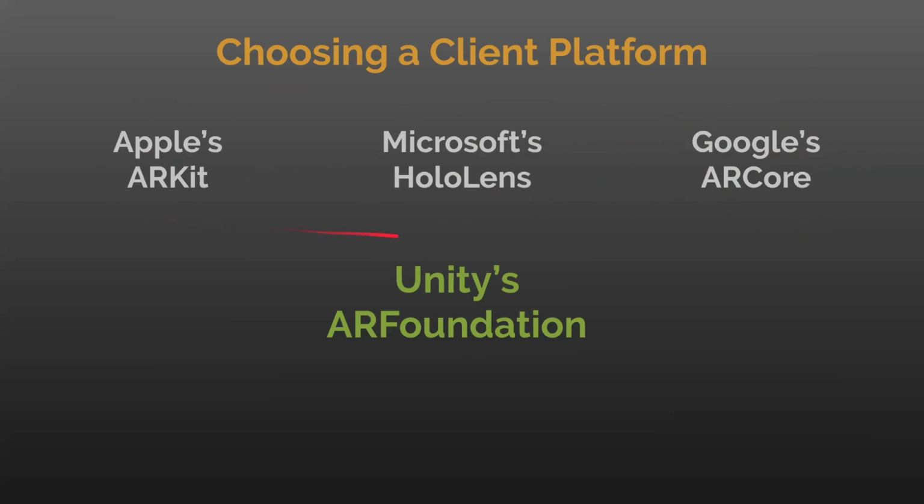So we chose Unity. It's a VR, AR type environment platform that has a thing called AR Foundation. And what it does is it unifies the platform code so that we can write one set of code and it works on all these platforms. And as future platforms come out, it should work with them too.